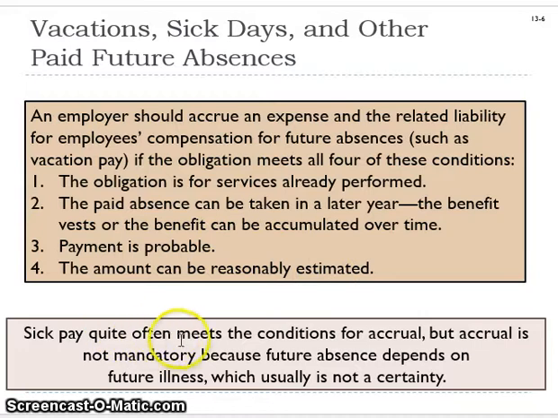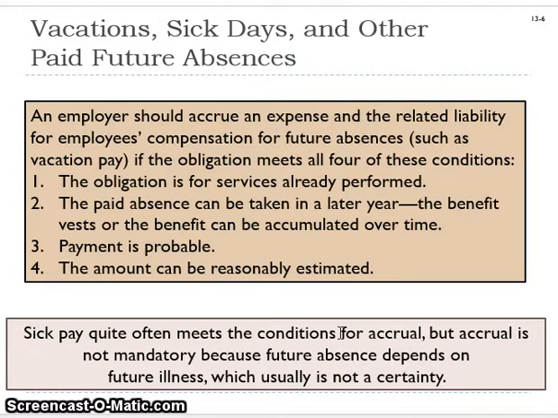Sick pay, interestingly, usually meets these conditions to accrue, but you're not required to accrue them, because the idea is that the payment is probable, and you can't say that future illness is probable, right? I mean, we're not talking about mental health days here. We're talking about actual illness.